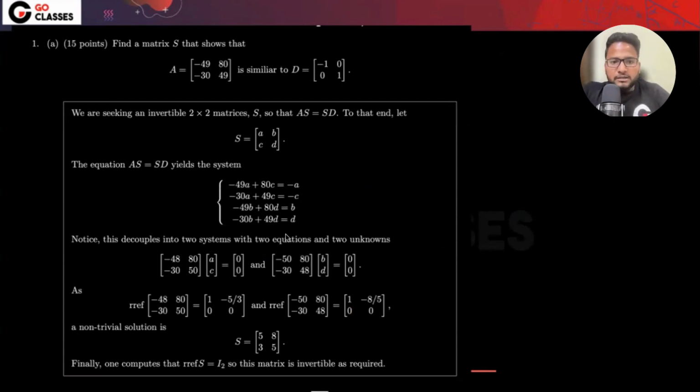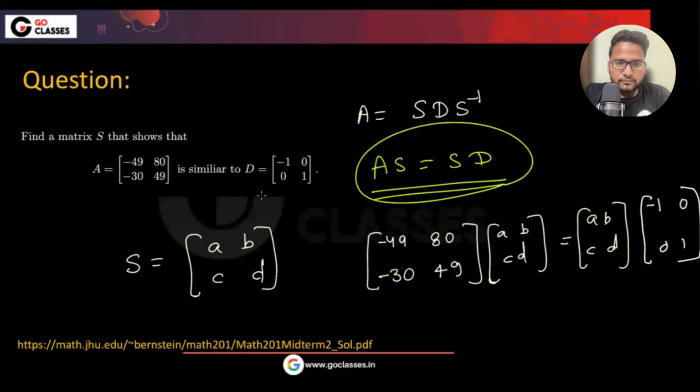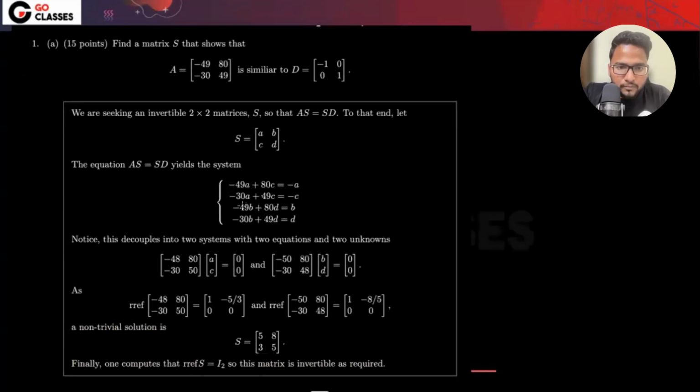I think they have made it like this: A into C equals 48, 80, 30, 49. I think this is 49 or something like that. So basically, you need to solve it. There is no other way. Anyway, this is out of our interest.